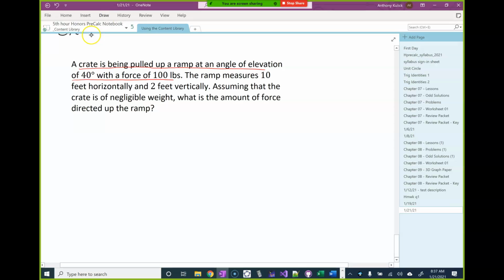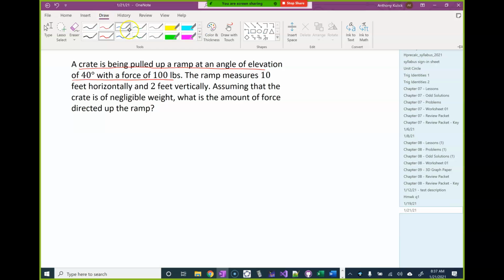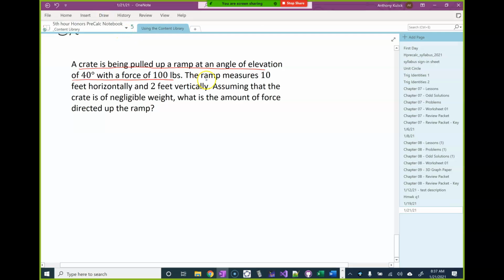Second vector, it says the ramp measures 10 feet horizontally and 2 feet vertically. That's my second vector. Assuming the crate is of negligible weight, what is the amount of force directed up the ramp? So let's draw a little picture here to represent that.